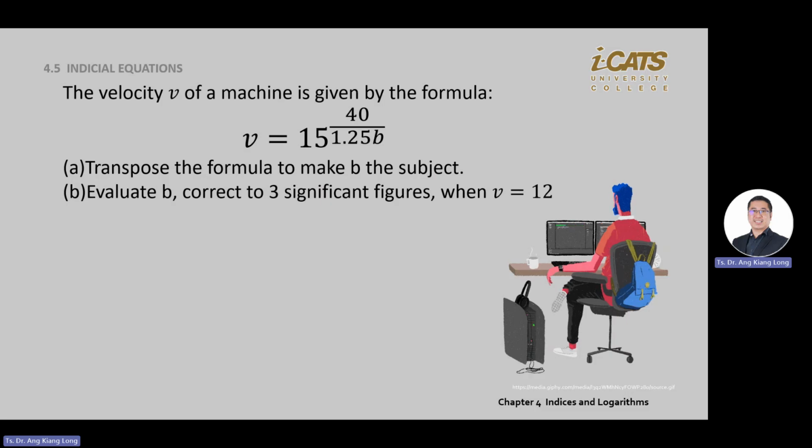There are two unknowns there, v and b. So sometimes you need to plot a graph, change this exponential graph into a linear graph. You will see this in your dynamics experiment. You need to convert what you observe, what you take, time, distance, and all this, into a linear graph.